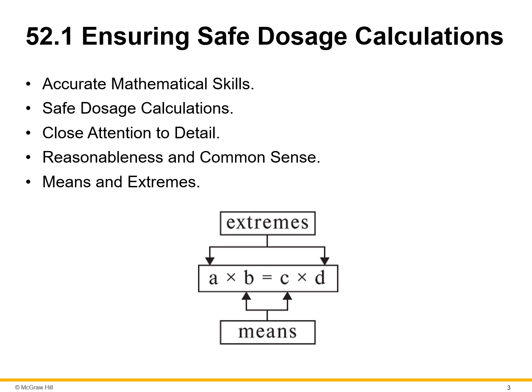Okay, you see that your external or outer numbers are called extremes. Your internal or inner numbers are called means. When you cross multiply the numbers, you do that so that you can solve the problem.